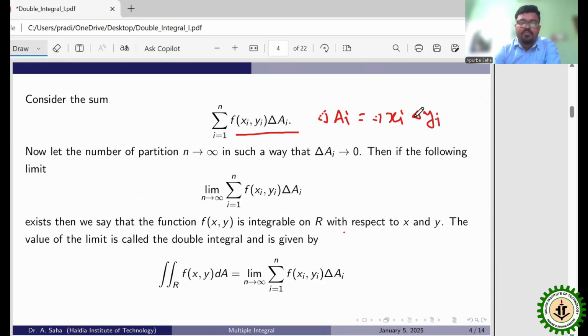Now let the number of partitions n tend to infinity in such a way that the areas del Ai tend to 0.